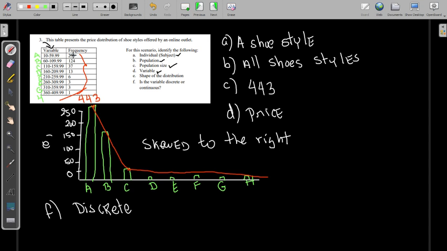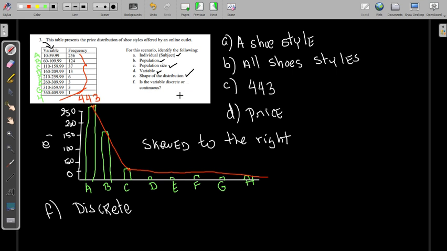Notice that the majority of the shoe style prices are at the lower end, and as prices go up, there are fewer shoe styles. So if you grab this, like I made a quick draft, the higher the price, the fewer shoe styles you have. So that's what we said, that this is skewed to the right. That's the shape of the distribution.